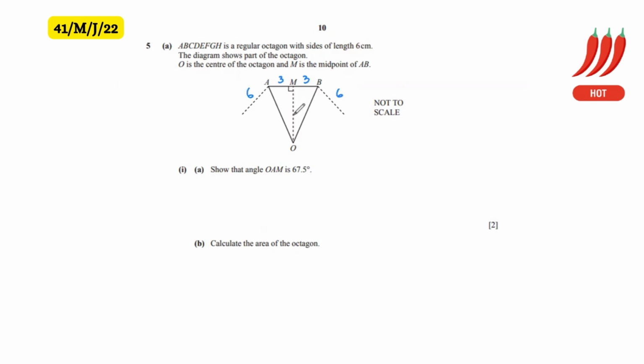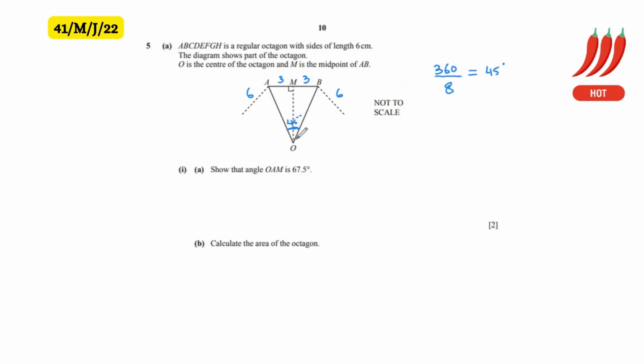So to find this middle angle over here, we know that it's an octagon. So if we divide the shape into equal triangles, it's going to be 8 equal triangles. So we divide 360 by 8 to find the angle in the middle, which is going to give us 45 degrees. So this angle is 45 degrees.